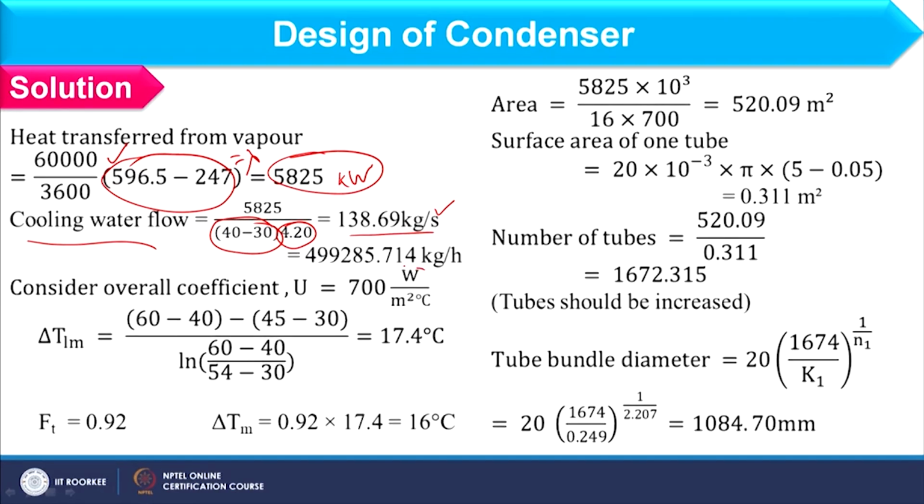The overall heat transfer coefficient initial guess is already given to us, and that is 700, and to find out the area of the condenser, you first have to find out the mean temperature difference. As far as the mean temperature difference is concerned, on both sides we have non-isothermal conditions.